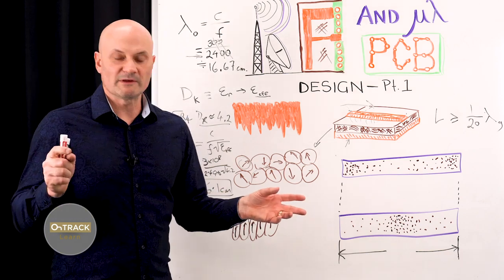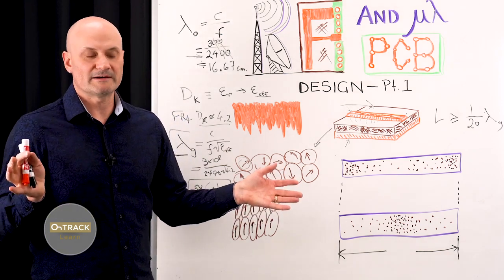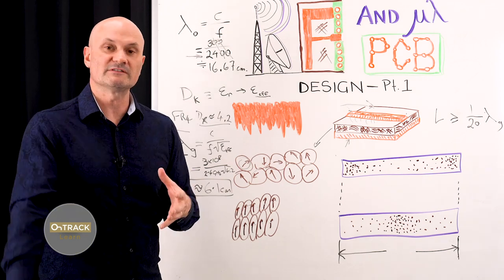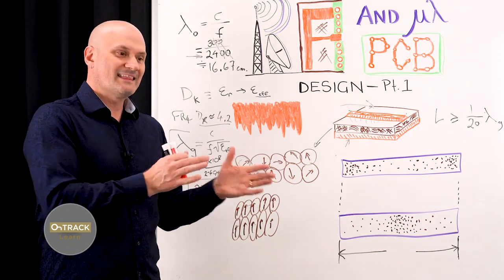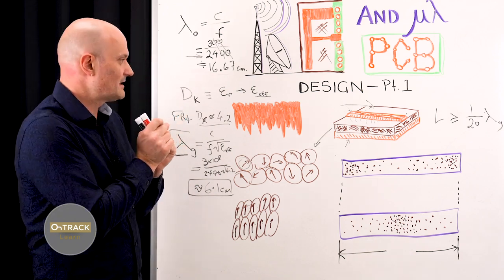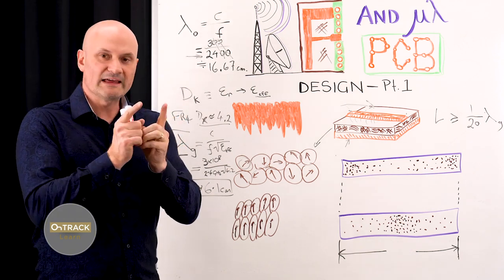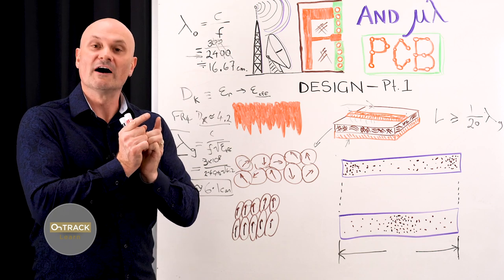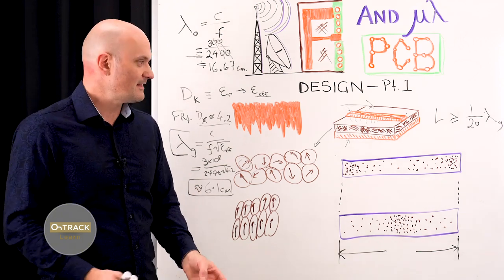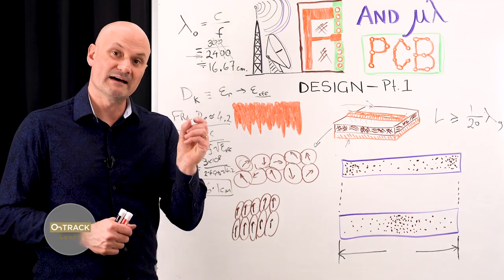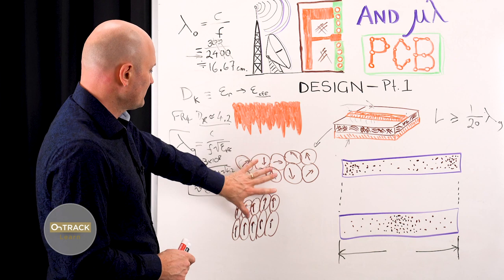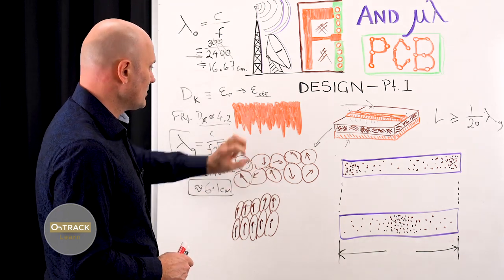If you're much smaller than a wavelength, so if your frequency is much lower than the characteristic length of traces on the board, then the length of the traces is so tiny compared to a wavelength that they can be treated as lumped elements.